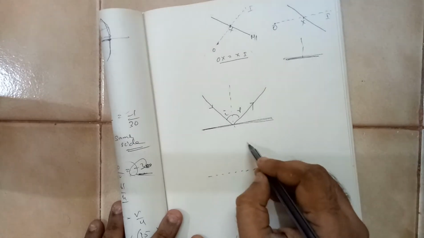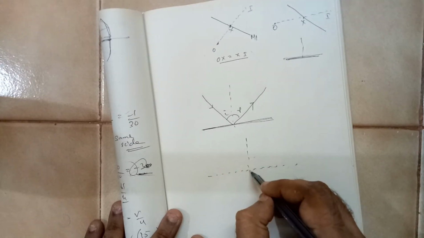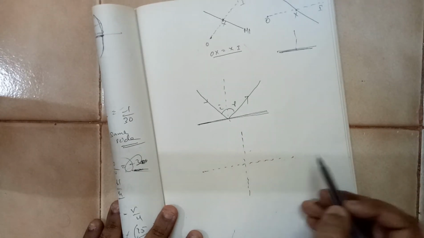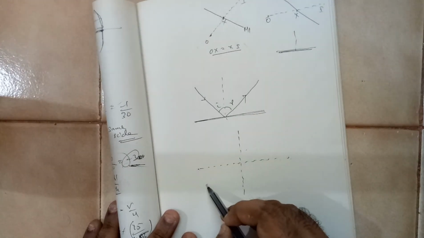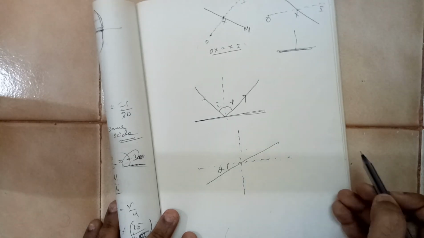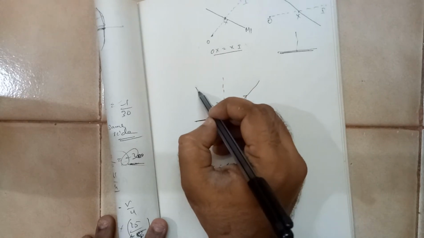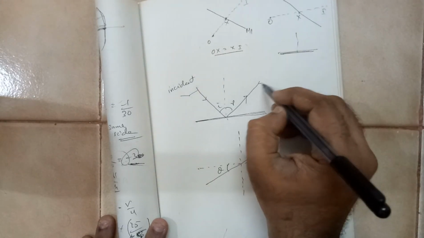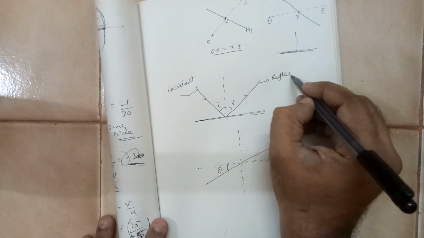Let us say originally this is my x and y axis, and the mirror was placed on the x axis. Now the mirror is slightly rotated by an angle theta. So this was your incident ray and this was your reflected ray.